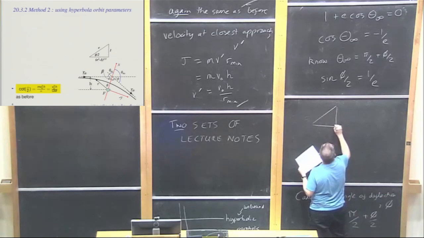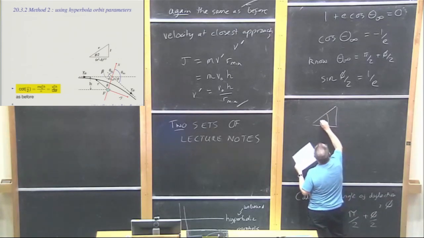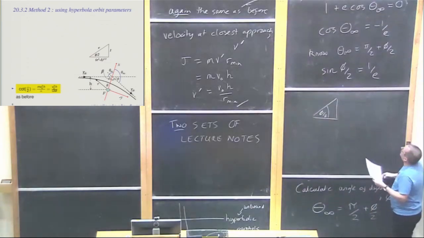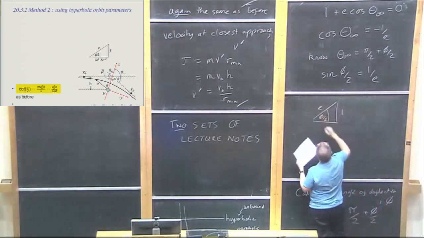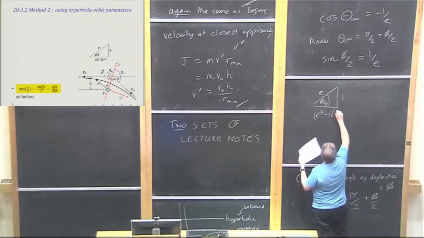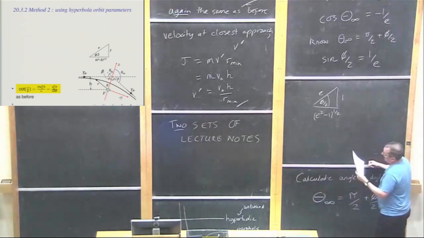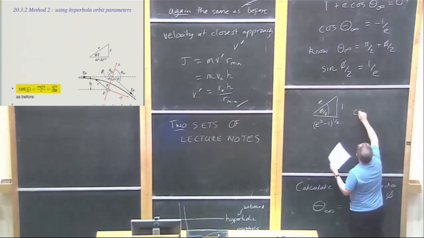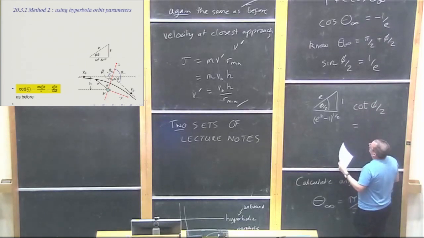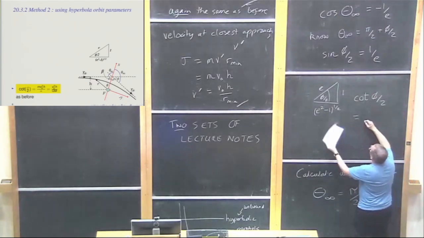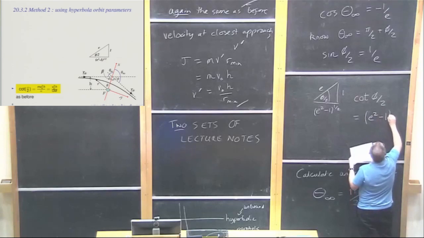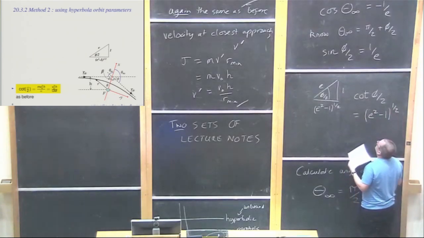If we draw a right angle triangle with angle phi over 2, and sine phi over 2 is 1 over e, this means that this side is 1, this is e, and therefore through Pythagoras this is e squared minus 1 to the half, and hence cot phi over 2 is given by adjacent over opposite, which is just e squared minus 1 to the half. Okay.